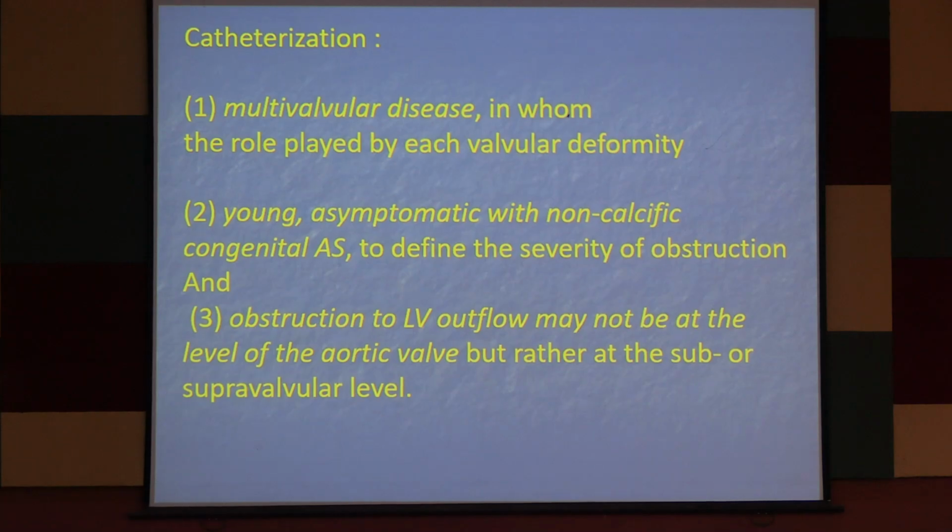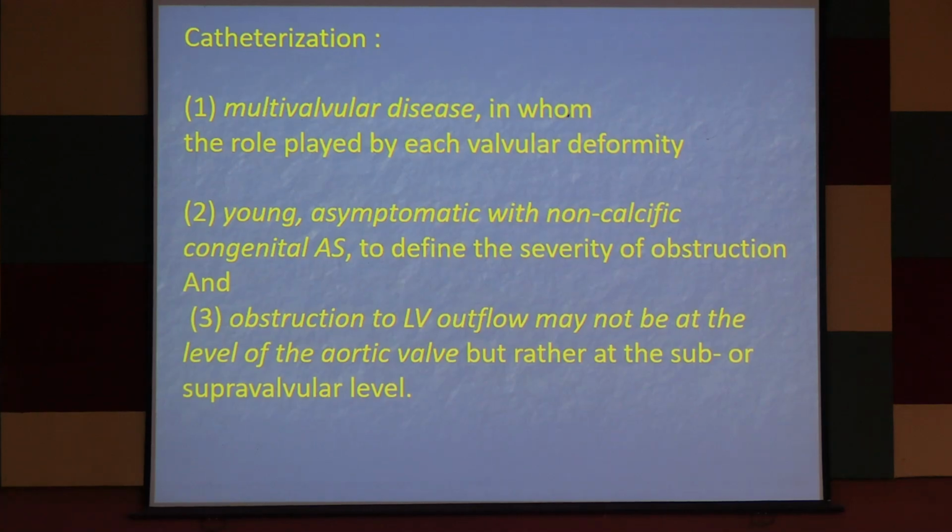Second, young asymptomatic patients with a non-calcified bicuspid aortic valve, in an attempt to assess the severity of obstruction. And lastly, obstruction to the LV outflow tract, when it is very difficult to determine the site of obstruction, that means whether supravalvular, valvular or subvalvular.